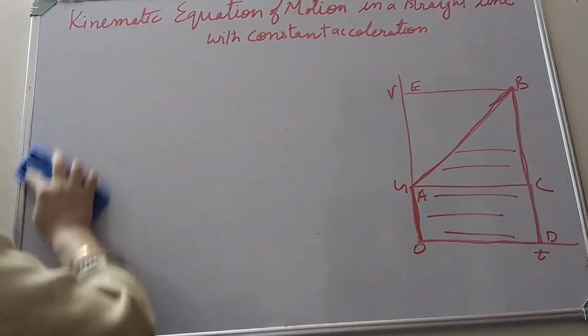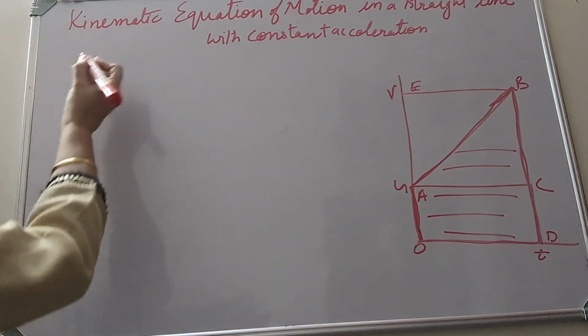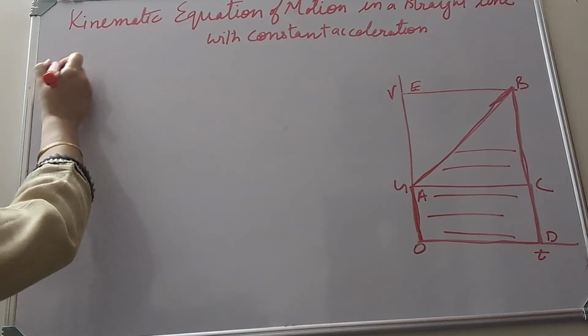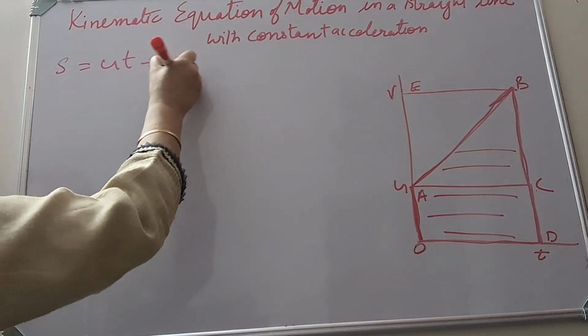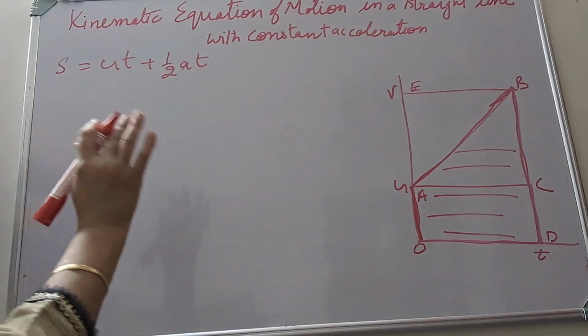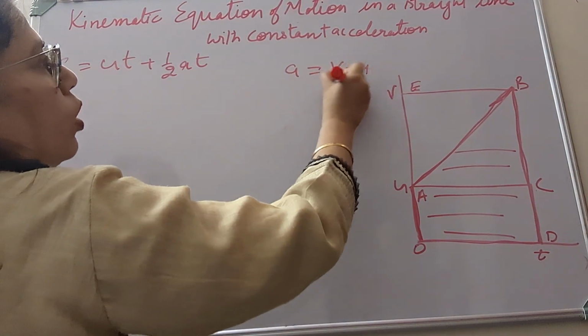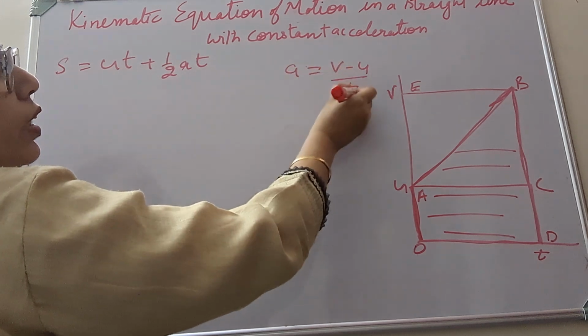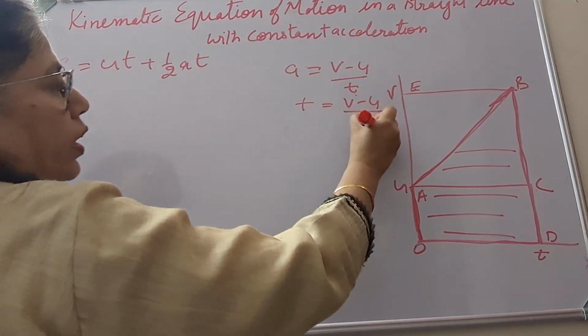Most students get confused in that third equation, but it is very simple. We have s is equal to ut plus half at square, and this equation a is equal to v minus u upon t. We will interchange, cross multiply, t is equal to v minus u upon a.